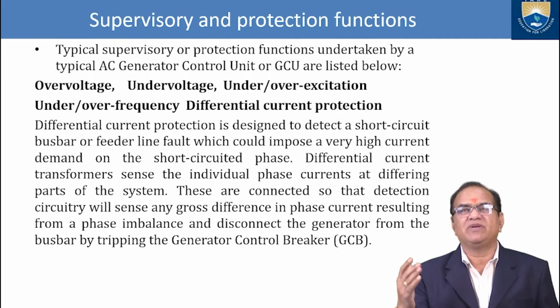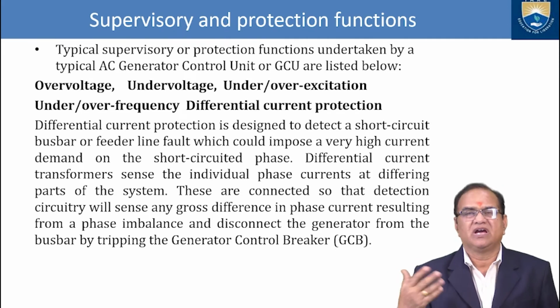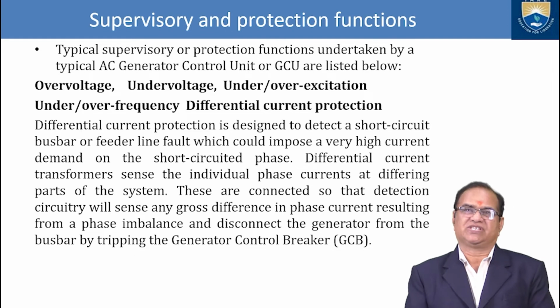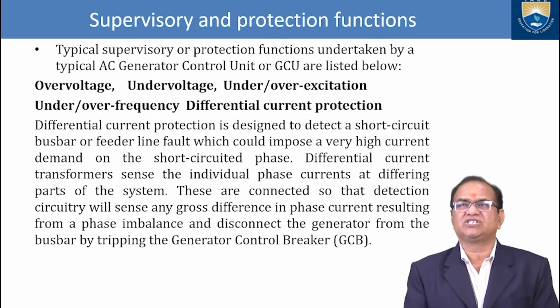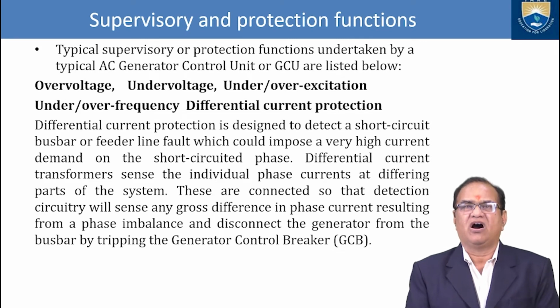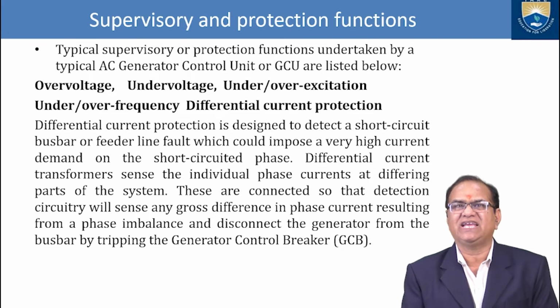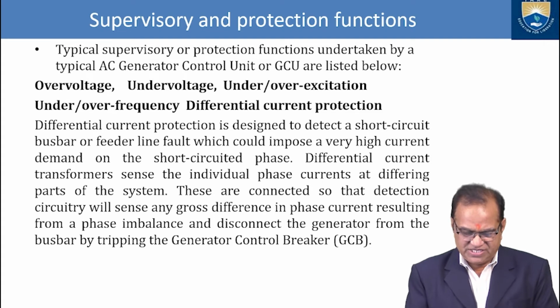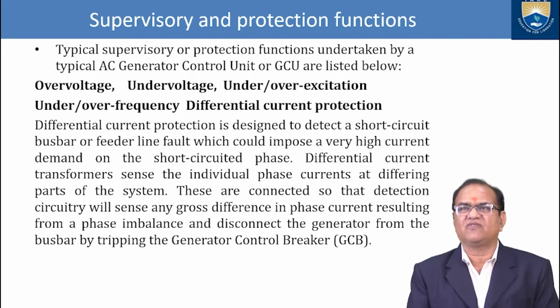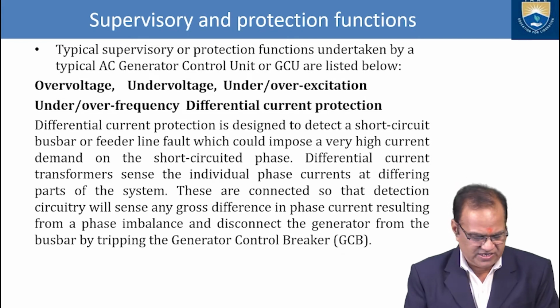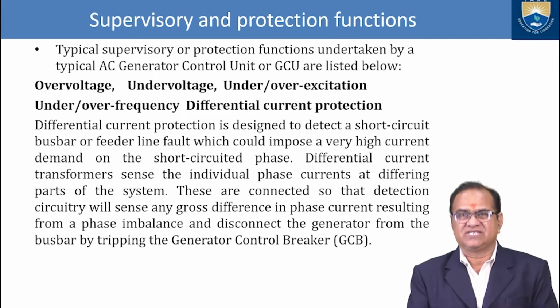There only voltage variation is there. Voltage variation can be handled by the voltage resistance method. Differential current protection is designed to detect a short circuit, bus bar or feeder line fault, which could impose a very high current demand on the short circuit phase. Differential current transformers sense the individual phase current at different parts of the system.